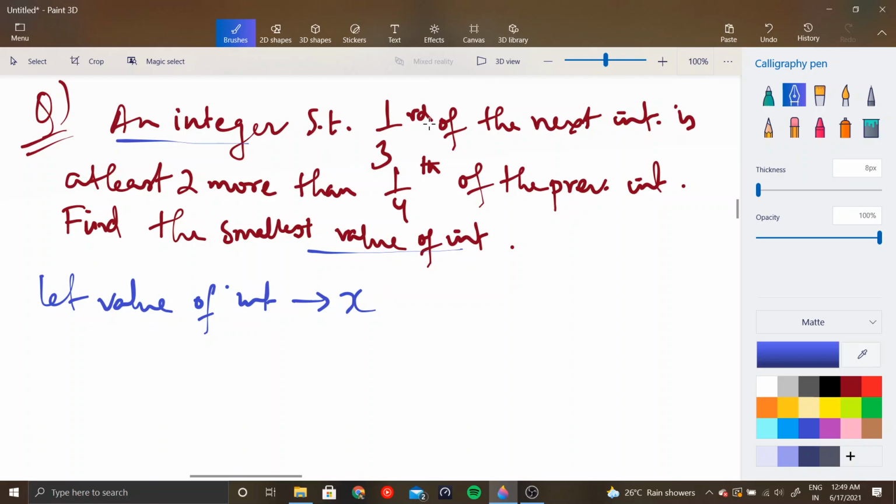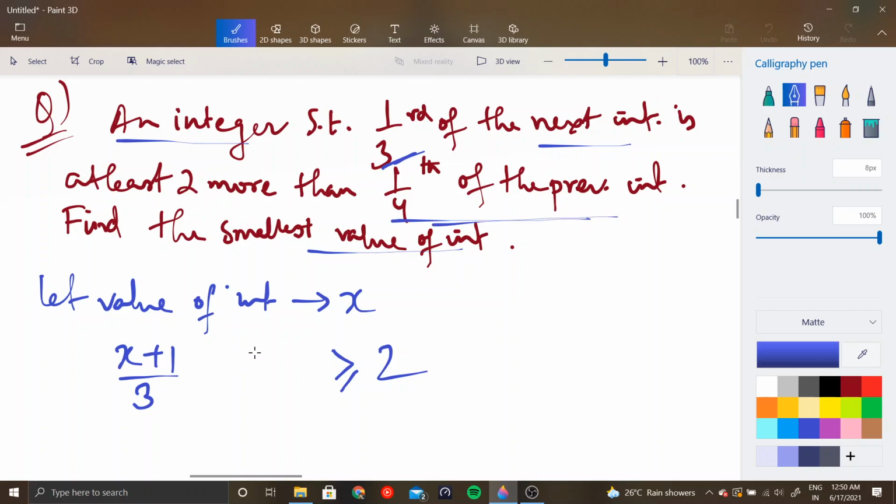Now it is given that 1/3 of the next integer. The next integer is x + 1. You add 1 to it. 1/3 of that, okay, is at least 2 more than. So it is more than something. Is at least more than, so greater than or equal to 2. It is at least more than what? 1/4 of the previous integer.